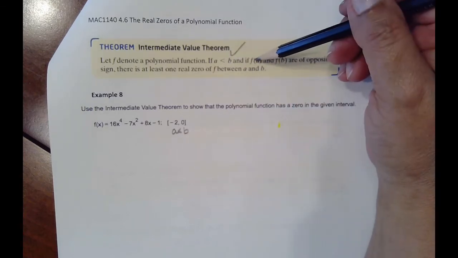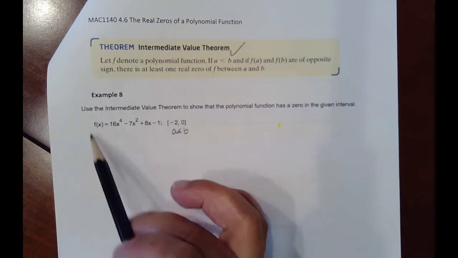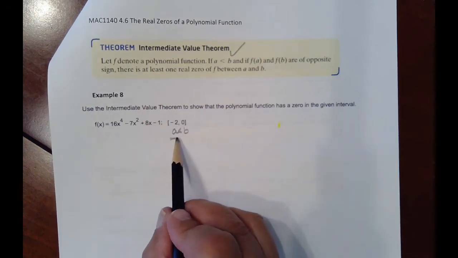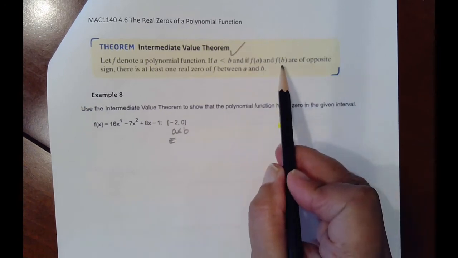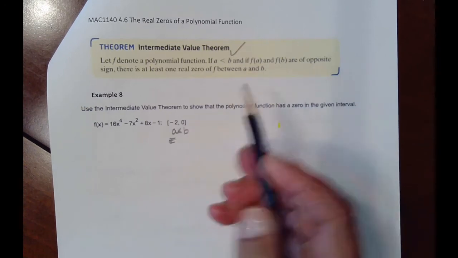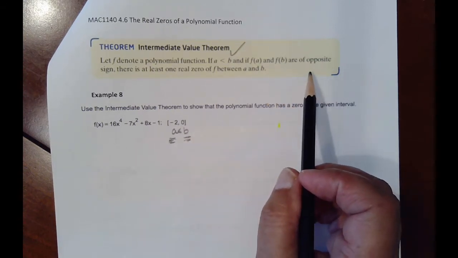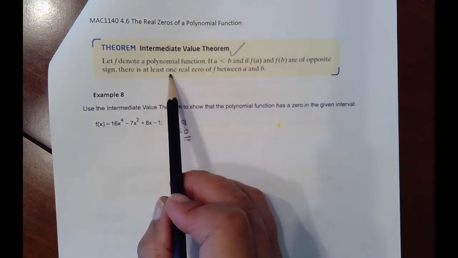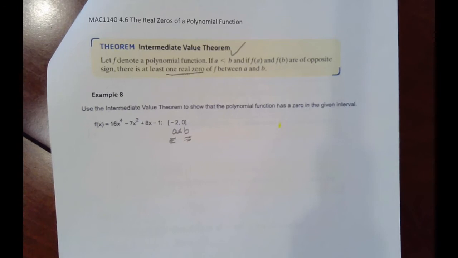So now what they're saying is, if when you evaluate this function at the a value, and you also evaluate the function at the b value, and if those come out to be opposite signs, that means that there's at least one 0 in between -2 and 0.